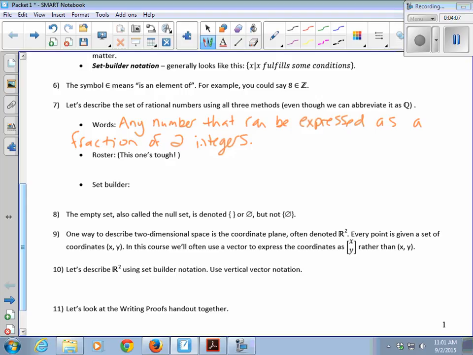Oh yeah, that's not a bad idea. Do all whole numbers right off the bat. Yeah. 1 over 1, 2 over 1, 3 over 1. So that would be all fractions that have 1 as a denominator. N over 1, sure. That's really more of a set builder. We'll do that in a minute. Yeah. I just want to list them.